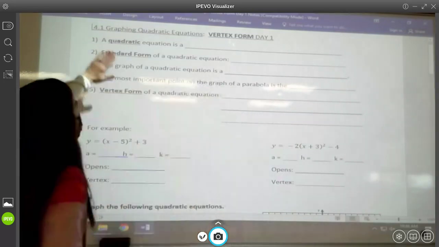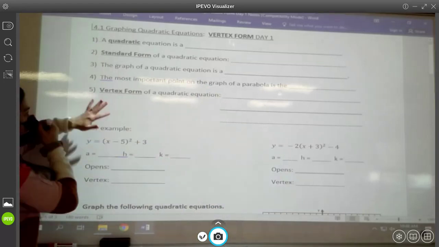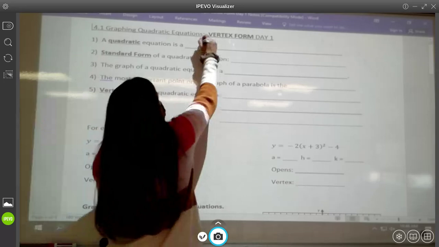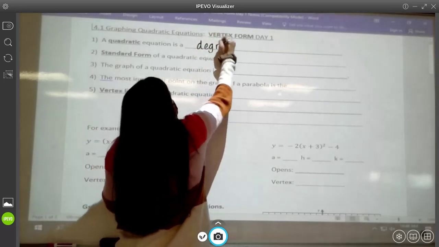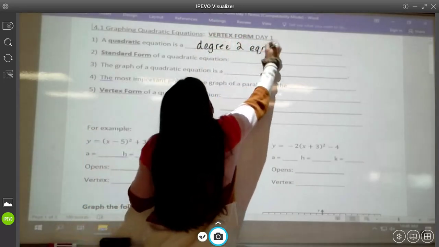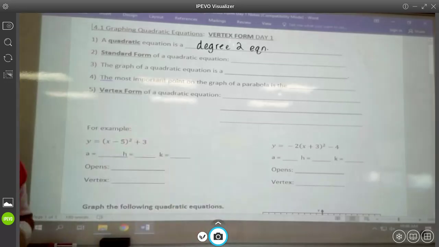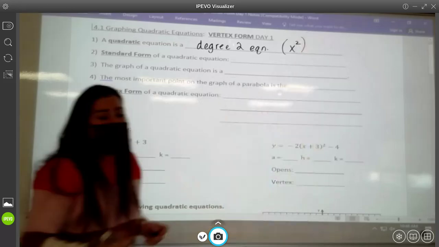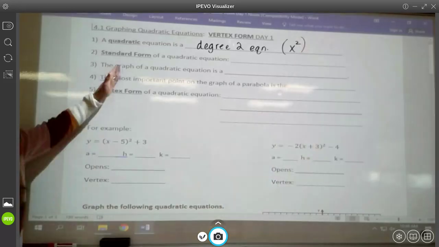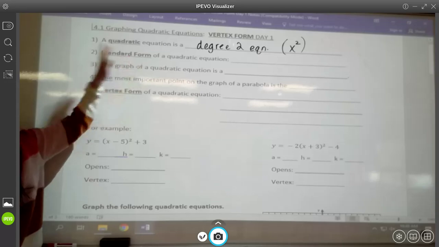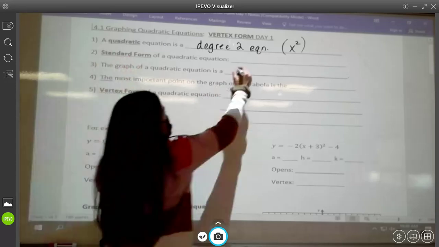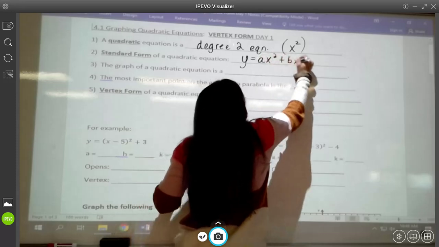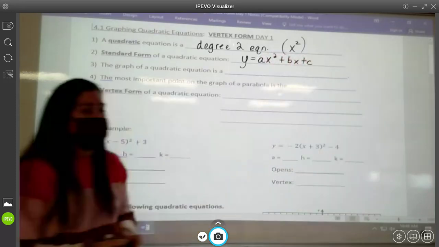All right, so just to review a couple things. We are working with quadratic equations. A quadratic equation is a degree 2 equation, right? That just means that the highest exponent on a variable is 2. So these are our x squared equations, okay? Standard form is the form that we worked with last week. Standard form of a quadratic equation looked like this: y equals ax squared plus bx plus c.